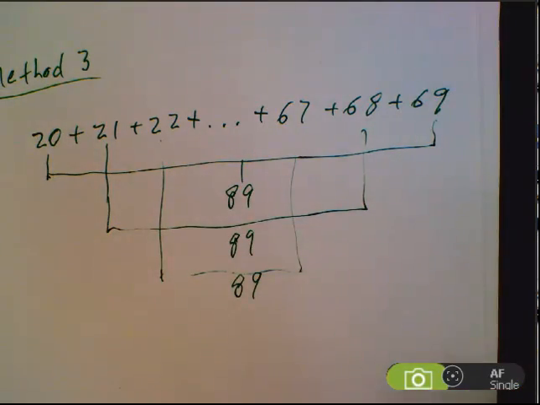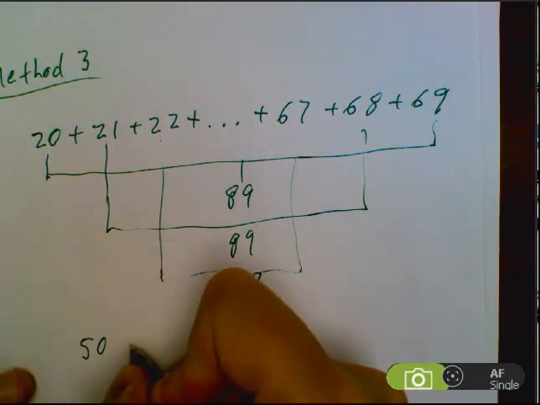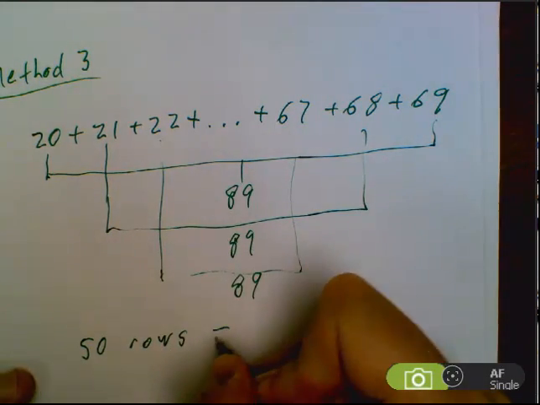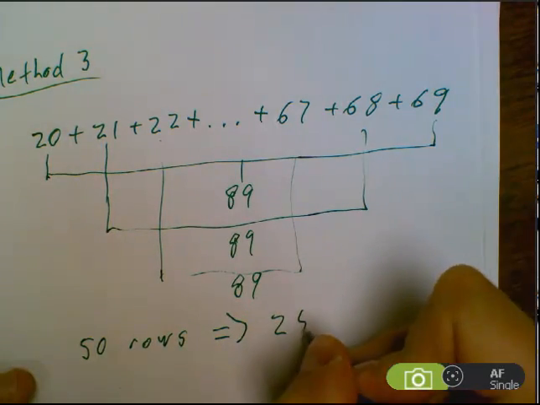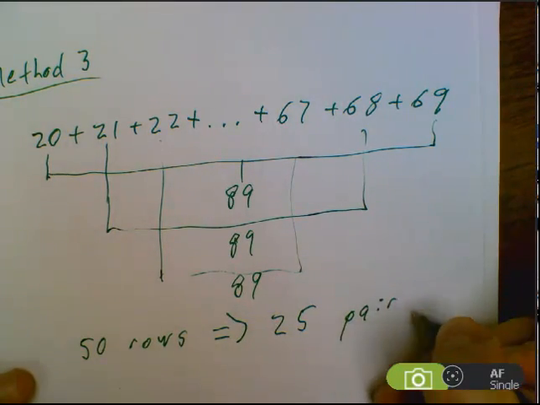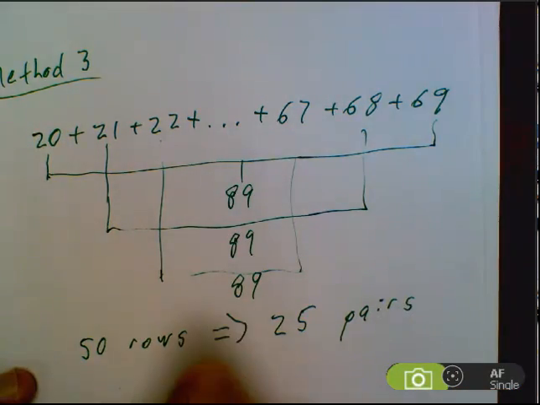So we've got all these 89s. How many are we going to have? That's not too hard to figure out. We're adding 50 rows, which means we'll have 25 pairs, because we're pairing them up here.